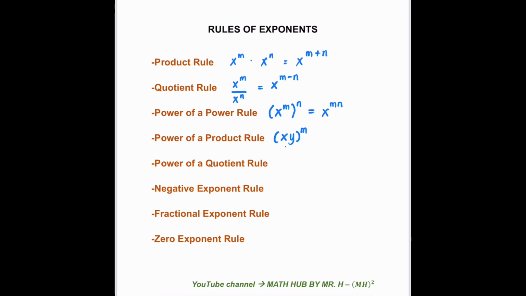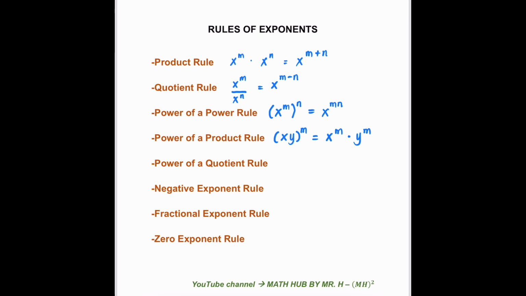Both of the factors are raised to m, which is the power or the exponent. So what we need to do here is to simply distribute the power to every single factor inside the bracket or the base, okay? So this is going to be x to the power of m times y to the power of m.